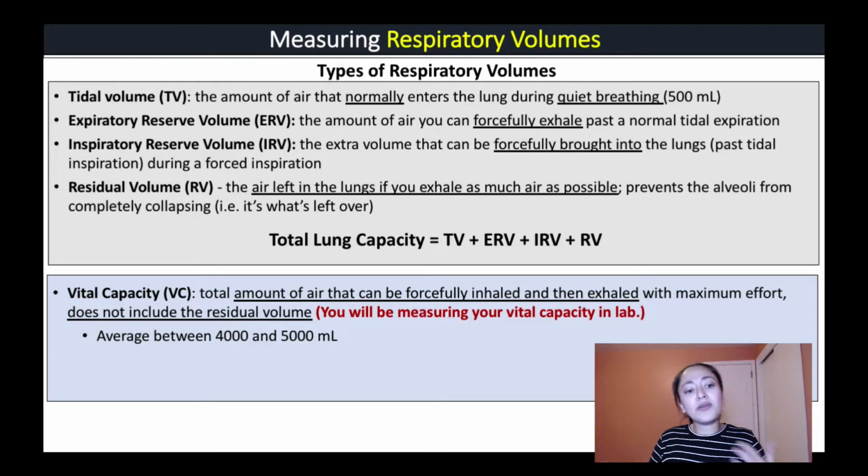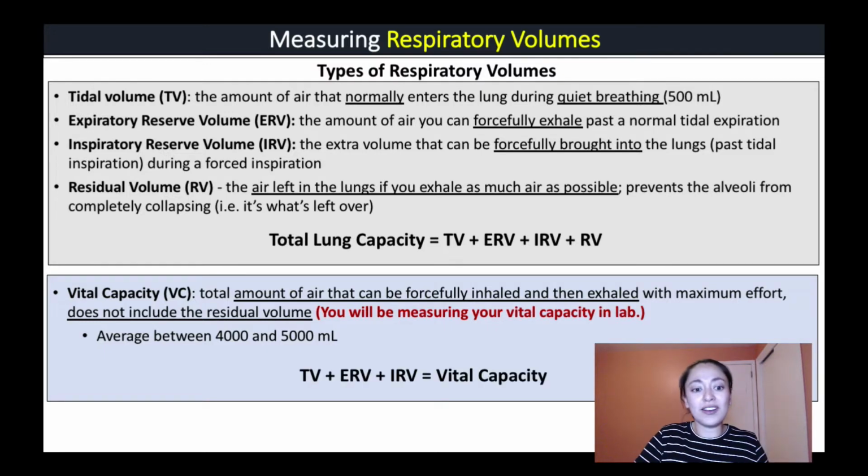The average vital capacity for a person is usually between 4,000 and 5,000 milliliters. But this will vary depending on whether you're male or female, your size, maybe how athletic you are, or whether you play a wind instrument or not. You can actually increase your vital capacity by doing certain types of training.